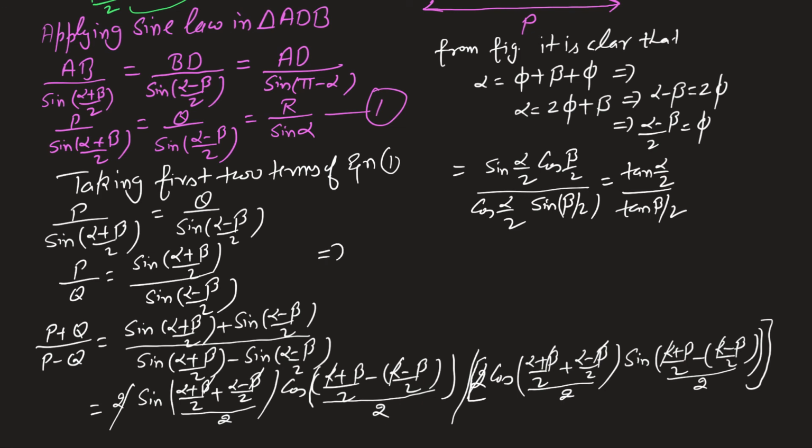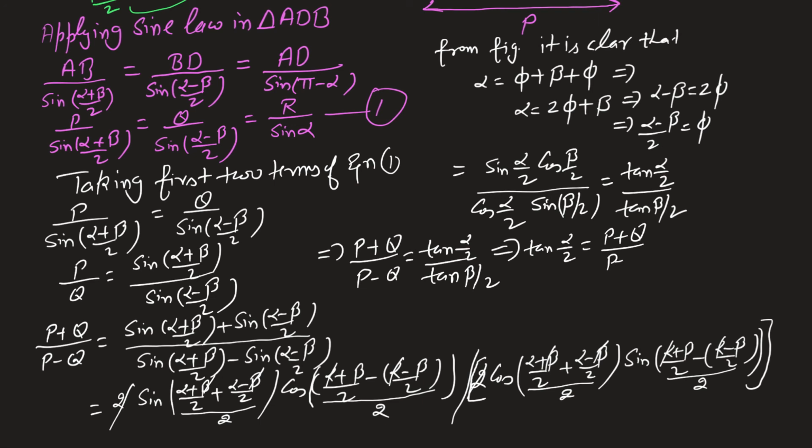This implies that (p plus q) by (p minus q) is equal to tan alpha by 2 by tan beta by 2. This implies that, this goes over there, tan alpha by 2 is equal to (p plus q) by (p minus q) into tan beta by 2.